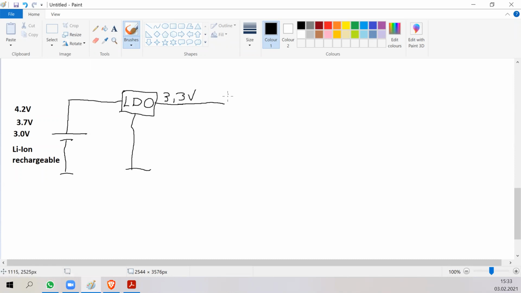And we can connect that directly to the microcontroller, the MCU. Okay, and it just works. The microcontroller also has ground and it has a capacitor here. So this microcontroller gets 3.3 volts from the battery.